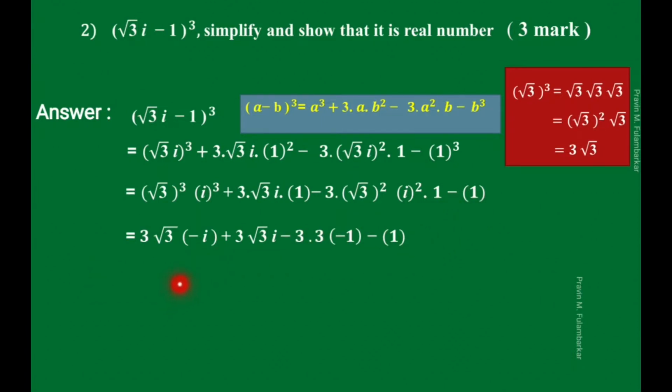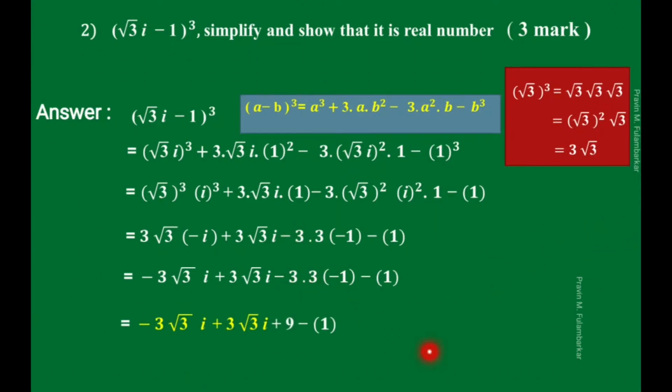Now see the like terms. If we multiply by minus i, then the first term gets minus 3 root 3 i. Second term as it is. When we multiply by the minus sign, in the next step in place of minus minus we write plus. So see the next step.